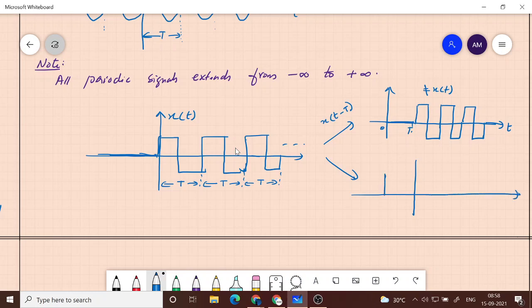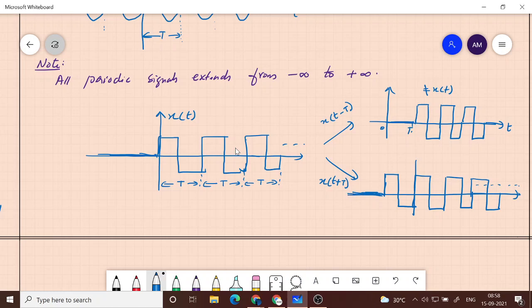Similarly, if you shift to the left, same thing happens. So you will have something like this. Here it is 0, but here it is repeating like this. So this is basically x of t plus T, shifted to the left.